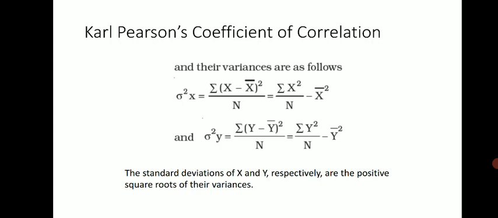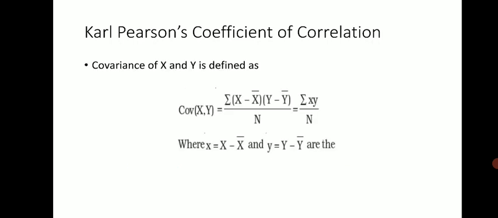Here we calculate the difference between the mean and the actual variable values. Similarly we have to calculate for y. The standard deviations of x and y respectively are the positive square roots of their variances.